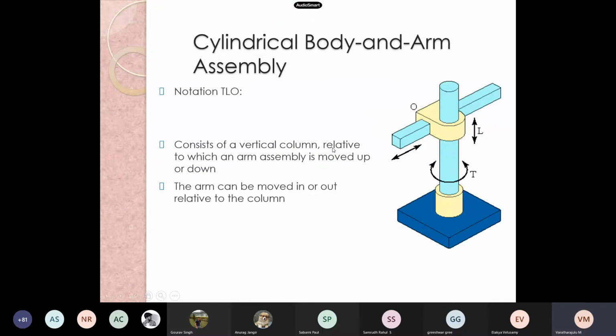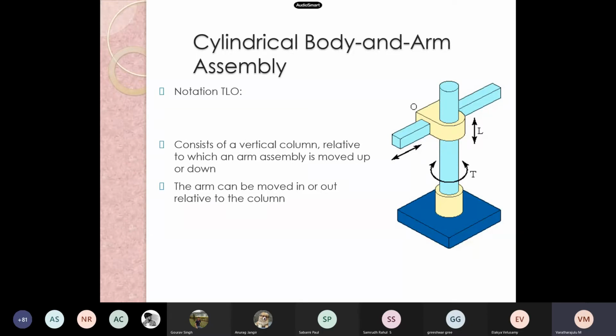Concerning the cylindrical body and arm assembly, see here, this structure can move on the column in a rotary way. Therefore there is a possibility of rotary motion, with the two axes of rotation being parallel.